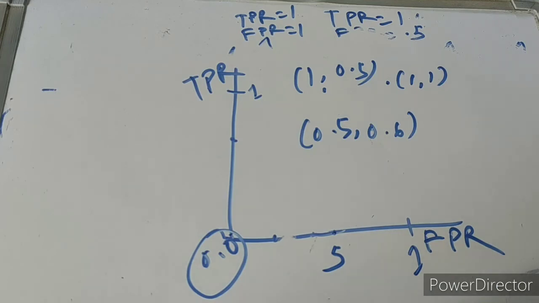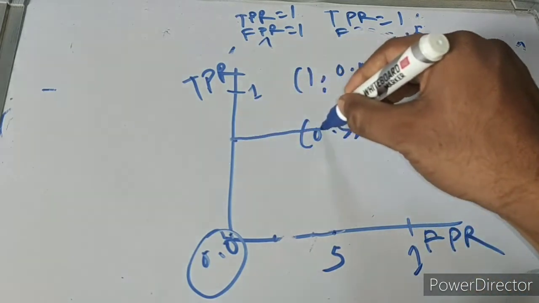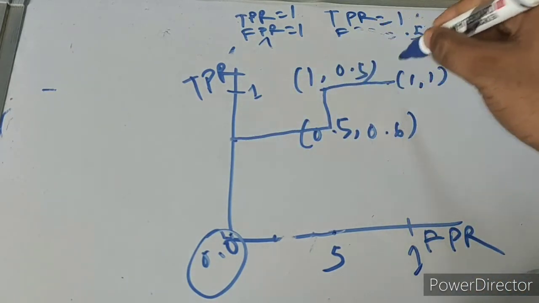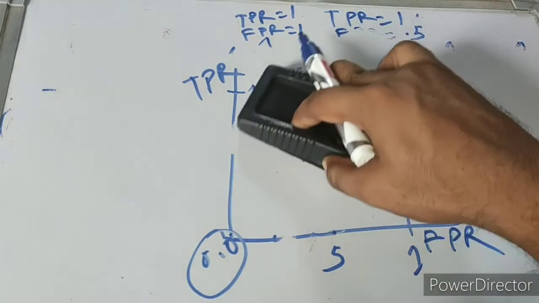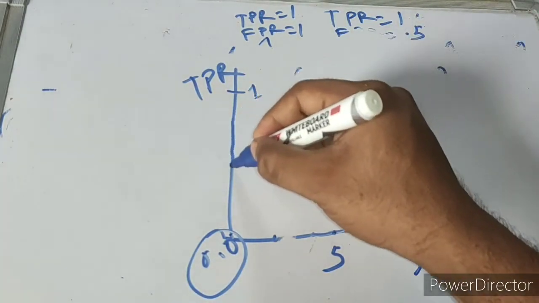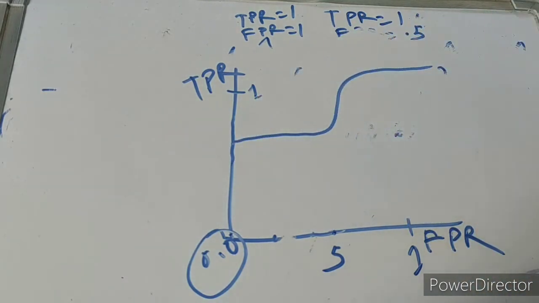So how will we draw the graph? If we simply proceed like this, the graph will be like this. Like this the graph will come.